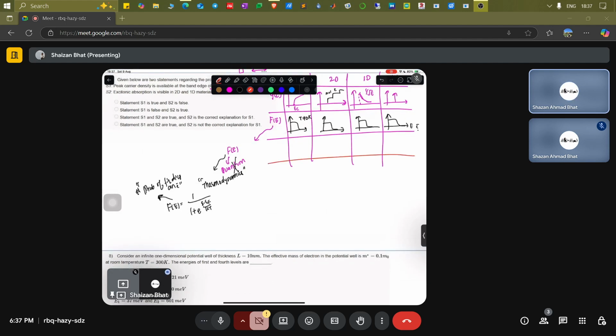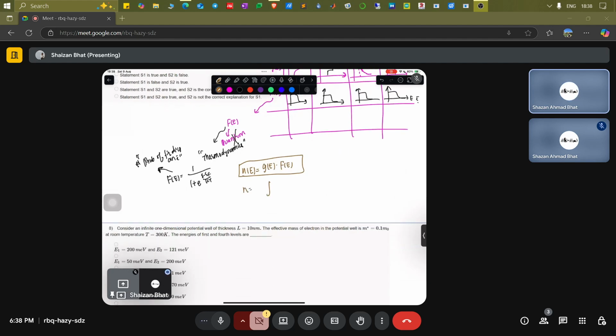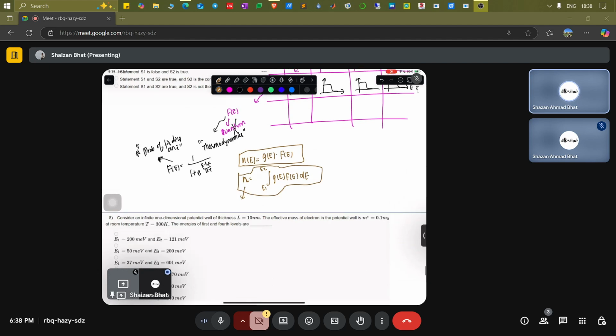Now you know that if you have the density of states and multiply it with the Fermi function, you get carrier density as a function of E. If you integrate these functions with respect to dE from some energy level E1 to E2, you get N, the number of electrons.